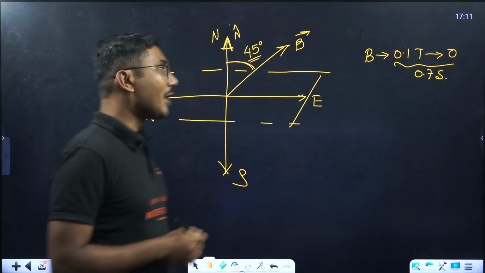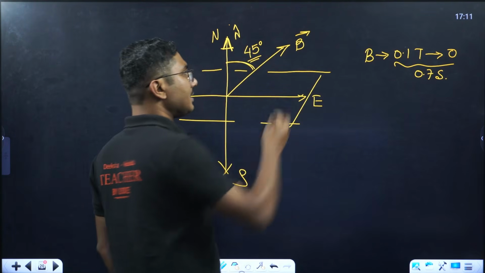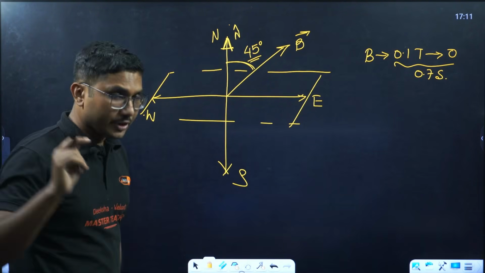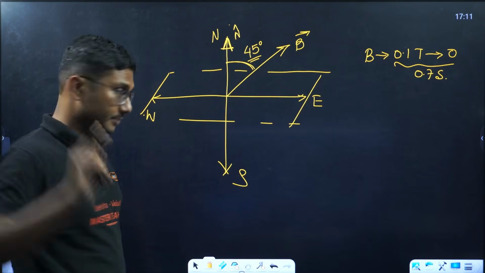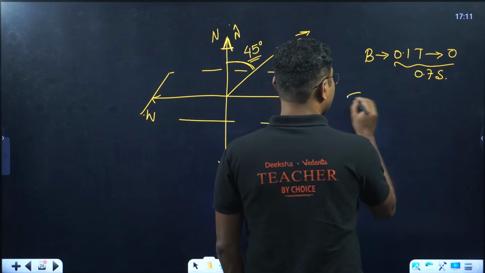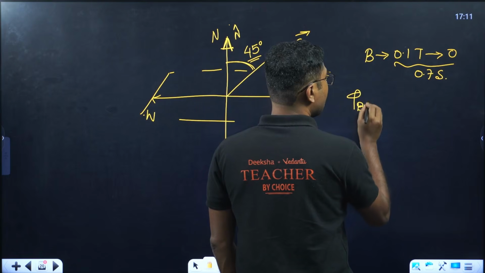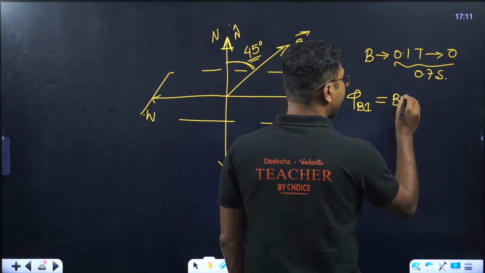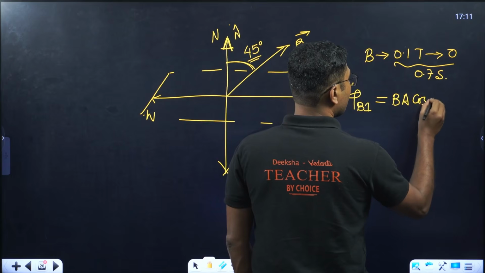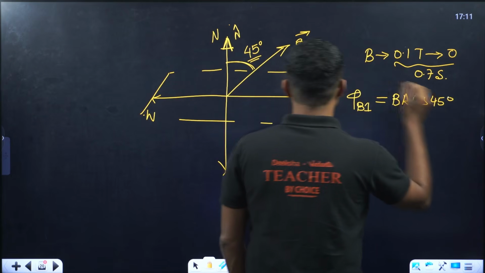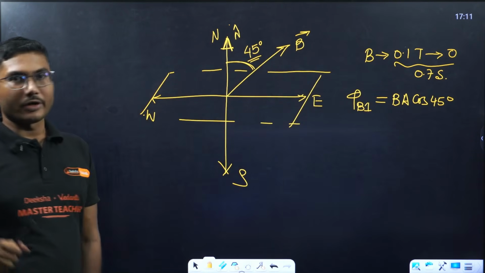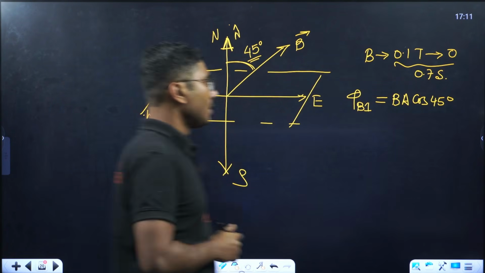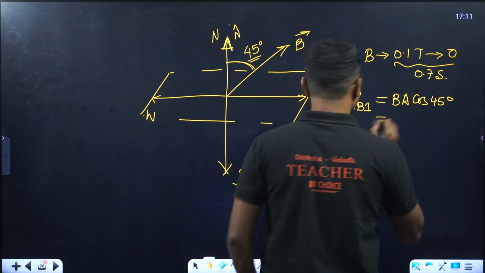Now you cannot just divide and find the induced EMF; what you need to do is first find the flux. So what was the initial flux? Initial flux, say phi B1, is given by BA cos 45 degrees.